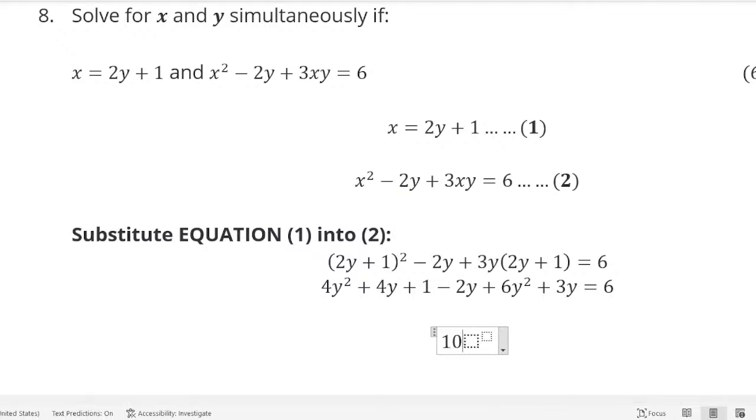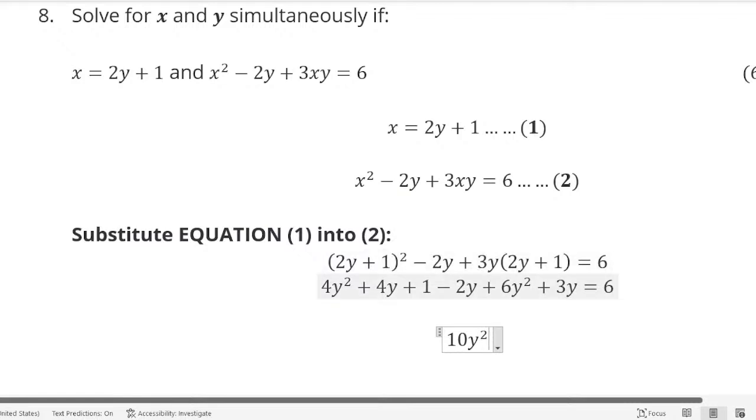Then 4y minus 2y, that will be 2y. Then 2y plus 3y, that is 5y.